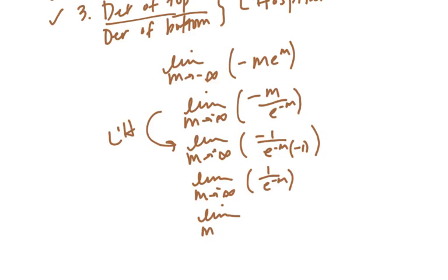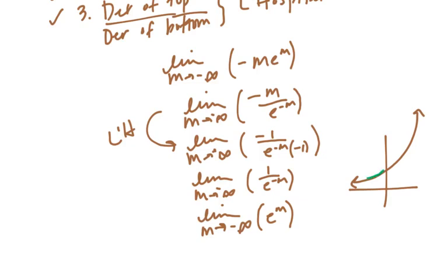I left off my negative on my infinity again. So remember this is e to the minus m, so it can move up as e to the m. Now we go back to that example, and here's e to the x. So as we approach negative infinity, still we are approaching 0. So this answer is 0. Pause it, think about it, come back, hit it again if you need to.